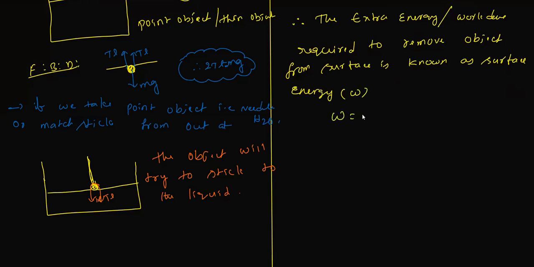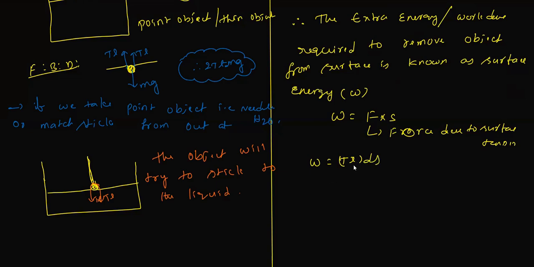Therefore, work done equals the general formula of force into displacement. So force is due to what? Force due to surface tension, you have to write. Therefore, F equals TL, so work done equals TL into ds, displacement.